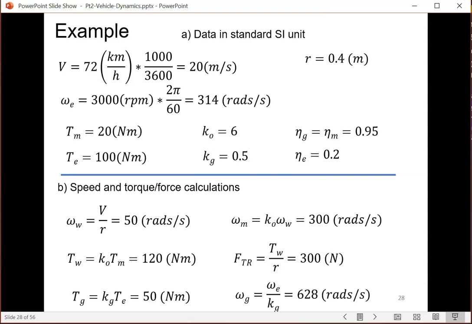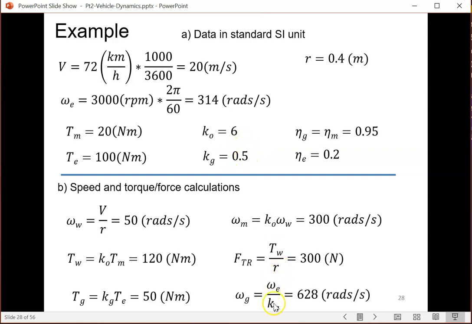The input torque of the generator can be calculated from the output torque of the engine and the gear ratio, kg. So kg 0.5 times Te equals 100 times 0.5, that gives me 50 Newton meters. The angular velocity of the generator can be worked out from the velocity of the engine divided by the gear ratio.